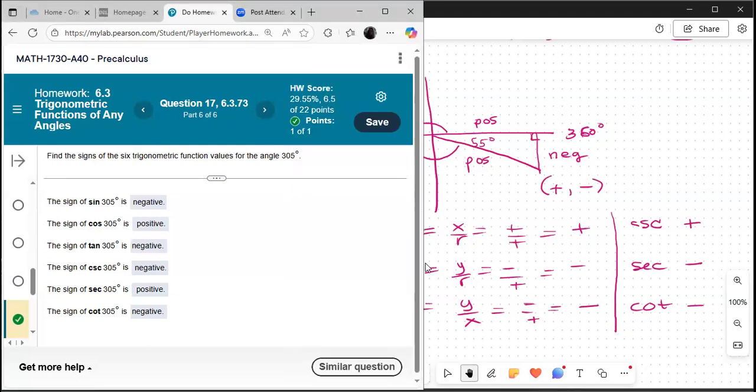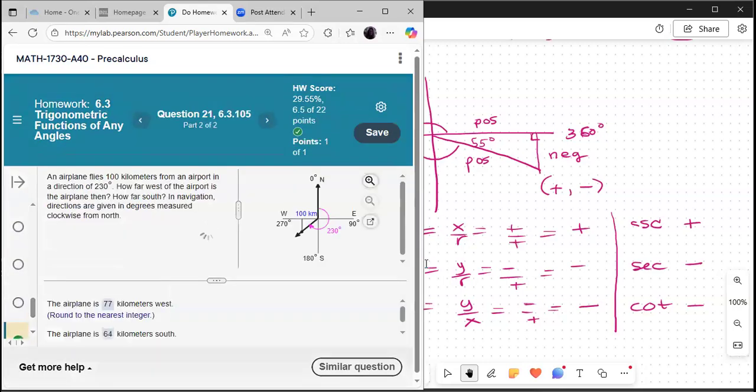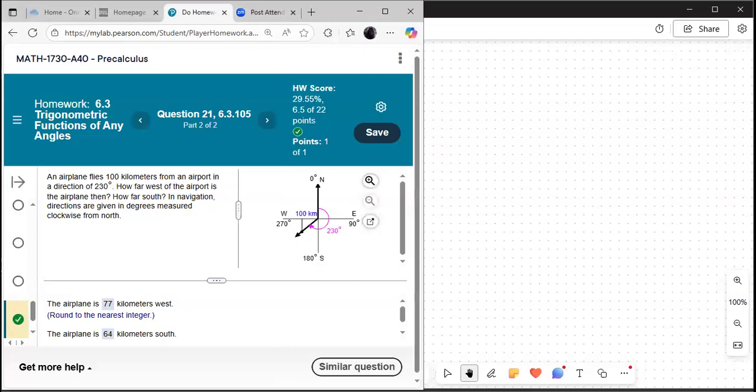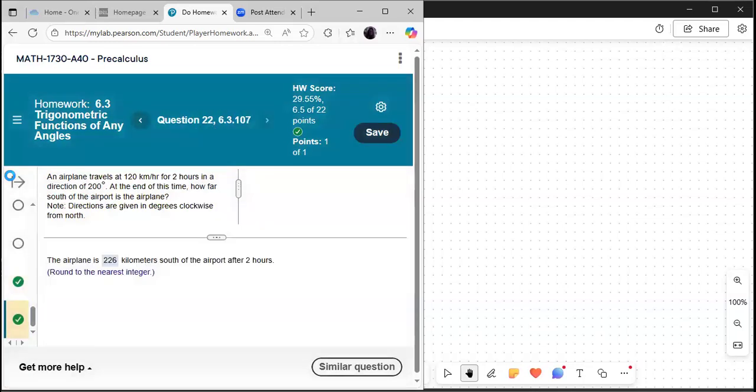I think I have one more left to do. The last problem is navigation. So it says an airplane flies 100 kilometers from an airport in a direction of 230. Do I want to do this one? Hold on, let me see if we have another one.